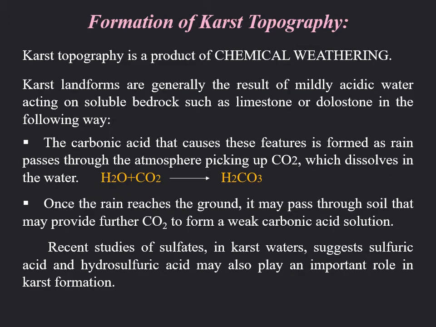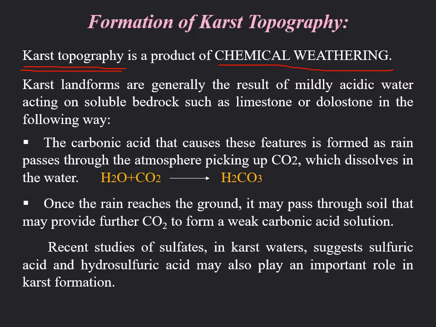Now, formation of karst topography. As I already told you, the main factor by which these kinds of landforms are produced is chemical weathering, particularly the chemical reaction or solution of country rocks by some kind of acidic solvent.